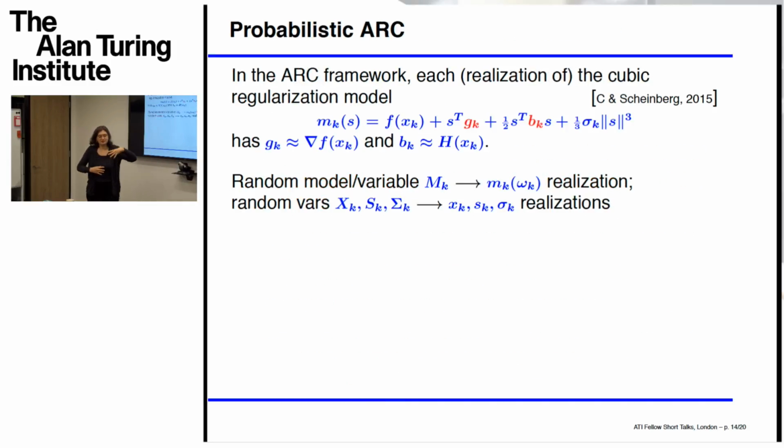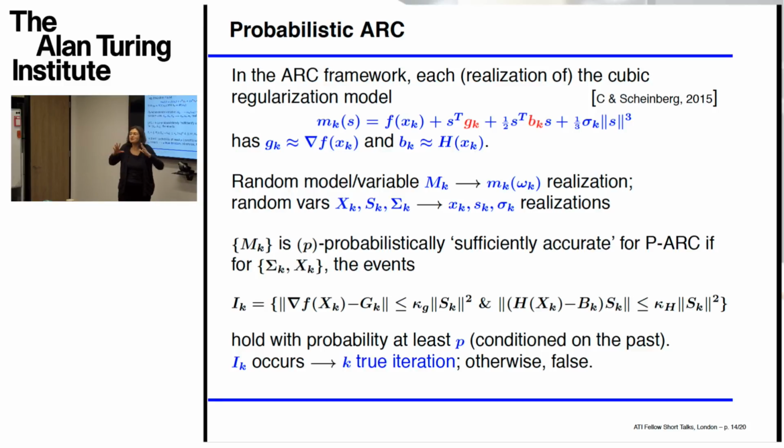So let's say we can still take the cubic regularization, and now I'm not going to have any gradient here that's the true gradient, and here I also have approximate second-order information. So this is now a stochastic algorithm, and I assume that I have a sufficiently good model with a certain probability. I don't know in a given iteration if I have a good model or a bad model, because it happens probabilistically.